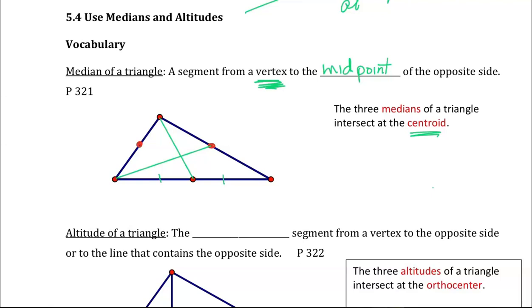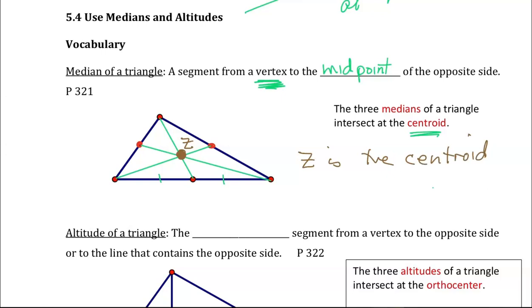That's kind of a rough estimate. Then I'm going to start at the vertex and draw a straight line right to the median. Now that point right here, we'll call that Z. Z is the centroid.